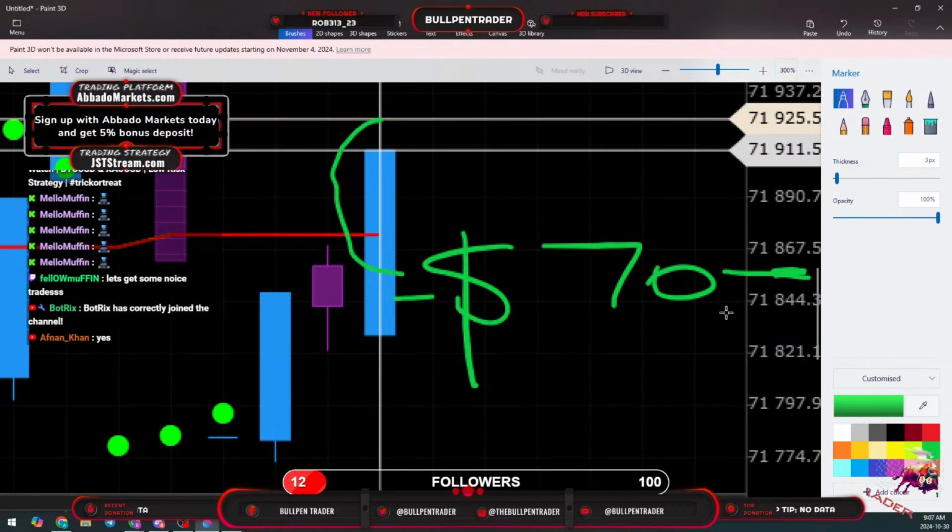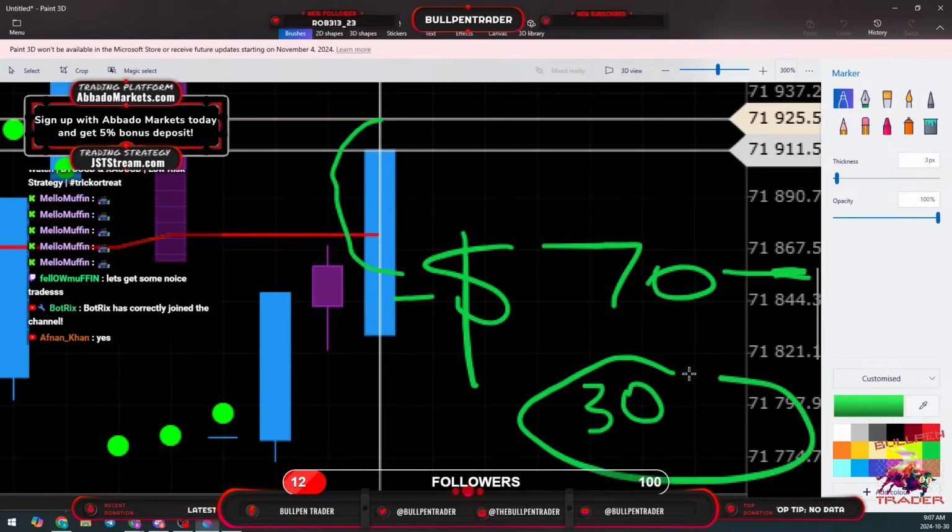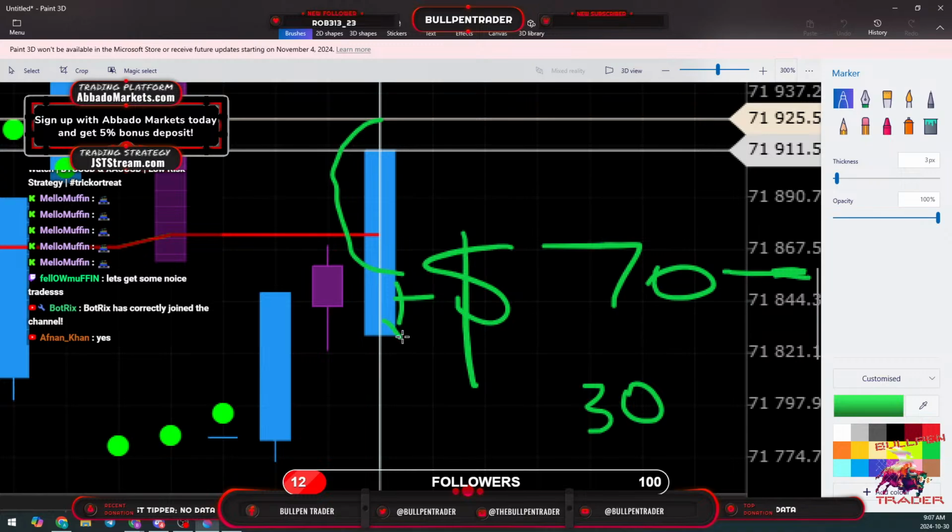Now remember, my trade is 100 points stop loss, 100 points take profit. If I'm entering and it's already negative 70, that leaves only 30 points for my stop loss to be hit, right? So if Bitcoin just has a little move and it moves 30 points, my stop loss is going to be hit.